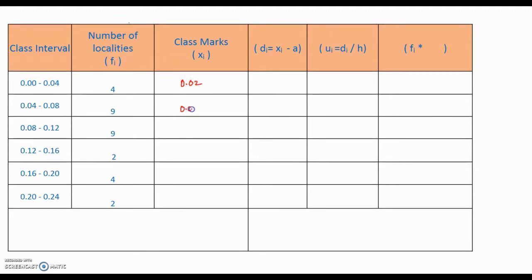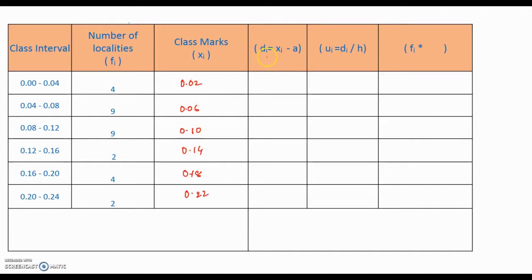This will be 0.06, 0.10. Okay, so like this you can calculate. You can just add 0.04 to the next one, right? This will be 0.14, 0.18, 0.22. Okay, you have calculated the class marks.